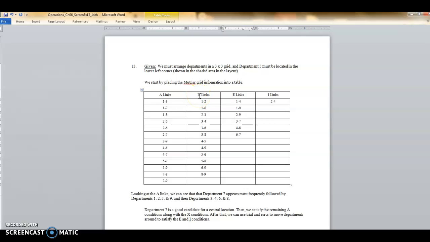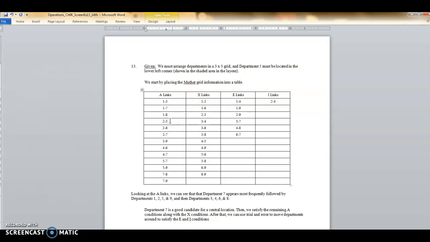Looking at department number 1, looking down the diagonal from department number 1, it needs to be next to department number 3, it needs to be next to department number 6, and it needs to be next to department number 8. So I have 1 next to 3, 1 next to 7, and 1 next to 8.